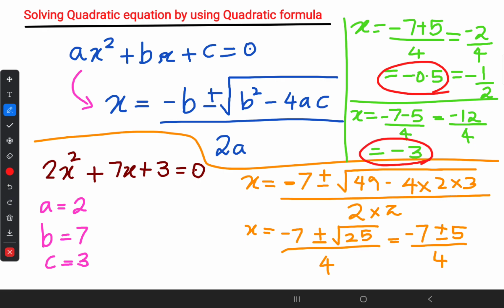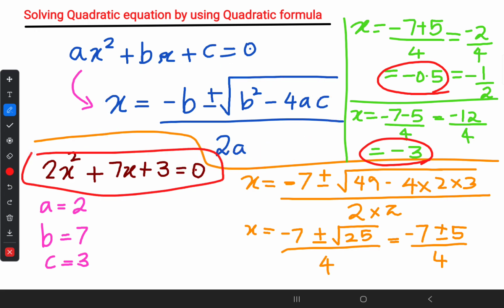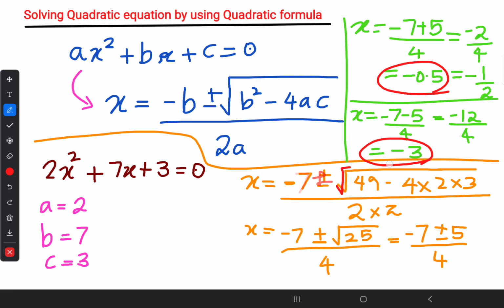Ax square plus bx plus c equals to 0. In this one, you need to find the suitable, feasible x values. You can use this formula. Likewise, I have denoted a new formula. We identified the a, b, c values, and in the quadratic formula, when you substitute the a, b, c values properly, you will have the simplification like this: negative 7 plus or minus square root of 7 square, 49, minus 4 times 2 times 3, upon 2 times 2.